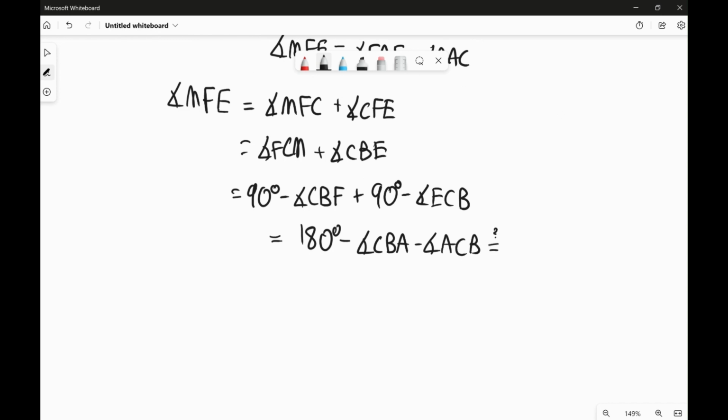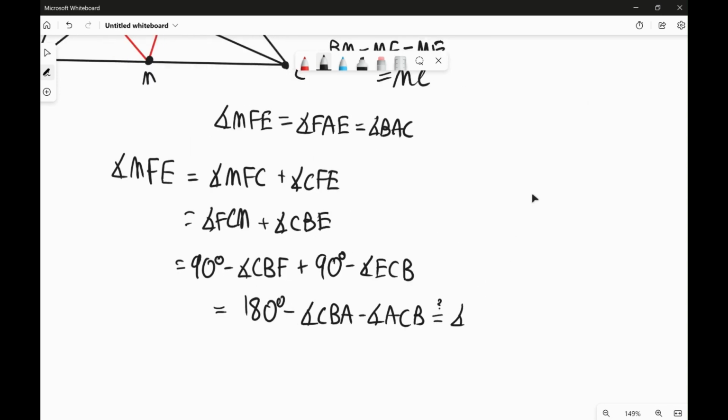And we wish to prove that this is equal to directed angle BAC. But this is pretty easy to do because we can just bring these terms to the other side. We get directed angle BAC plus directed angle ACB plus directed angle CBA is equal to 180 degrees.